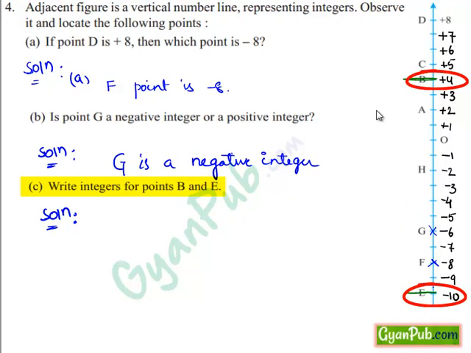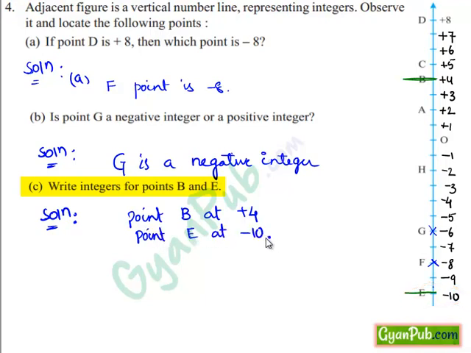By seeing these marks, we have point B at the integer 4 and point E at -10. Point B at 4 and point E at -10. Then take down the D bit.